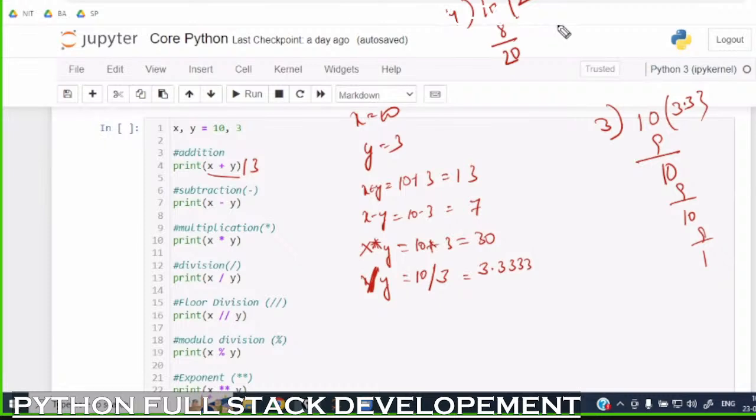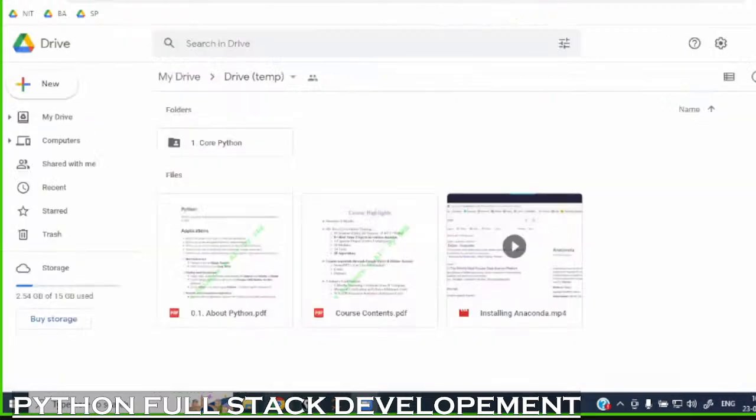In this core Python folder, I already uploaded the notes. So this is the drive link, and I am copying it and pasting it in this chat box. Right? Clear?